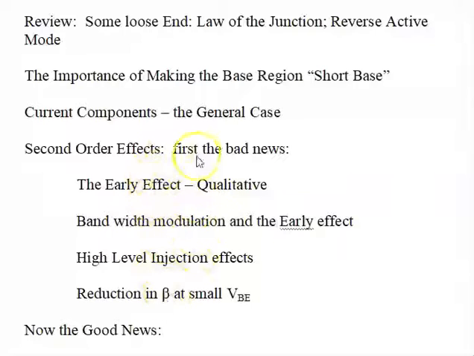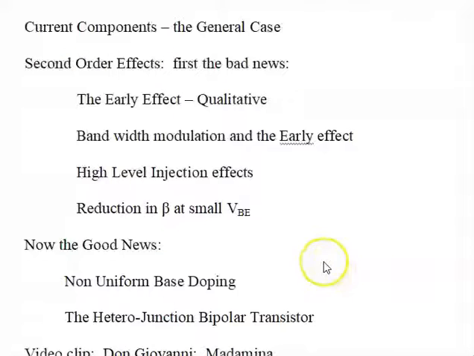So we'll talk about these things which we have to overcome, and then the good news, how do we overcome them? How do we make these devices perform better? We'll talk about non-uniform base doping, which is a relatively small fix, but the big fix is the heterojunction HBT, heterojunction bipolar transistor. We'll talk about that in some detail.